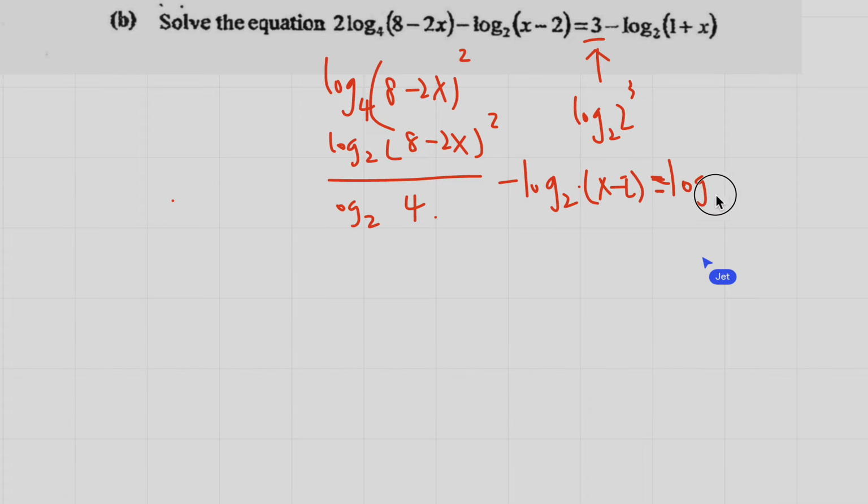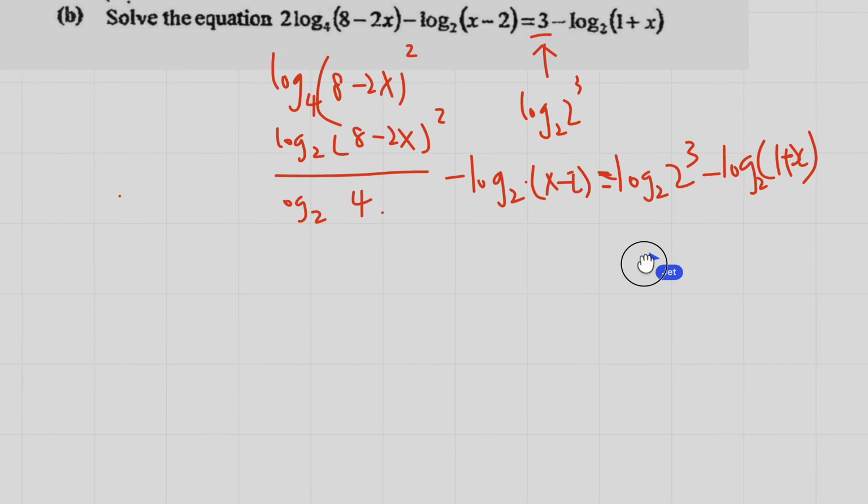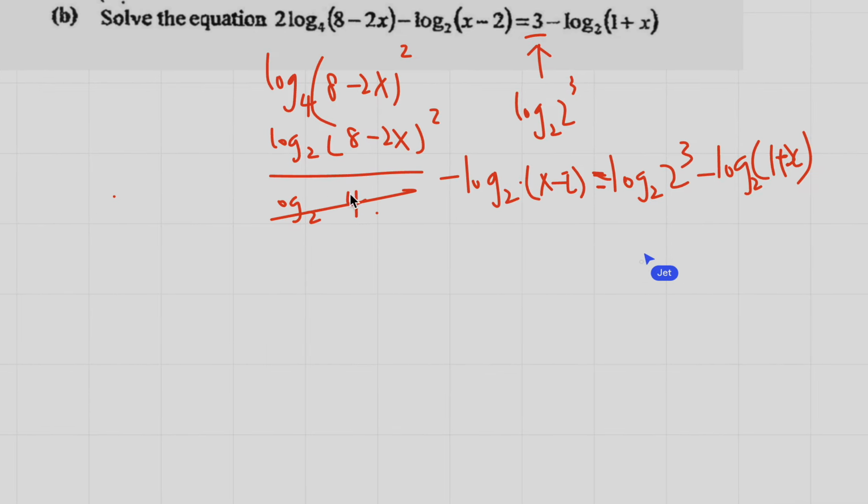So I tidy it up first. With this, this one is equal to 2, because log 2 4 means 4 is equal to 2 to the power of 2. So therefore log 2 of 2 to the power of 2 is 2.